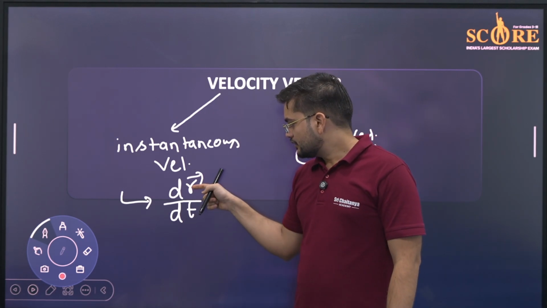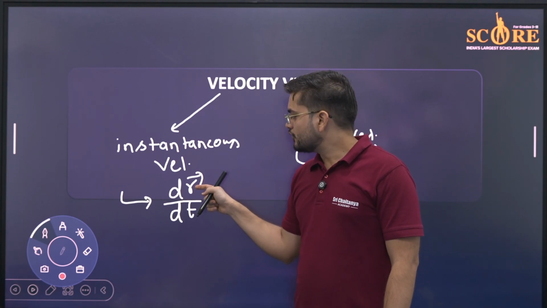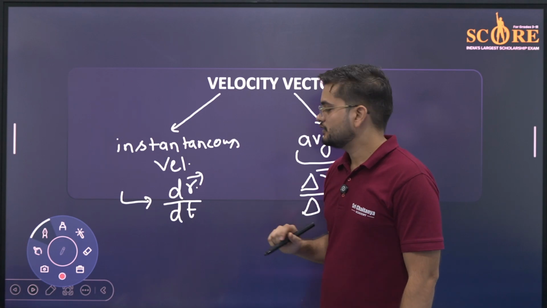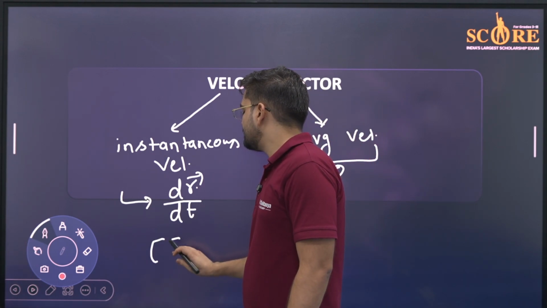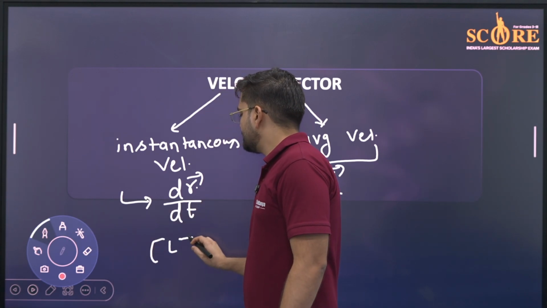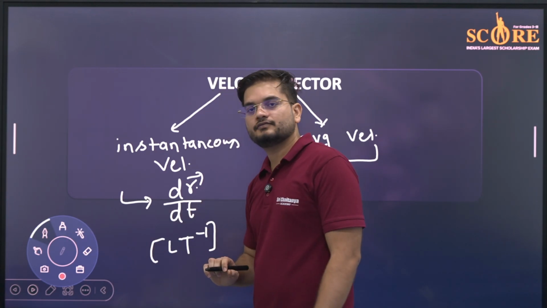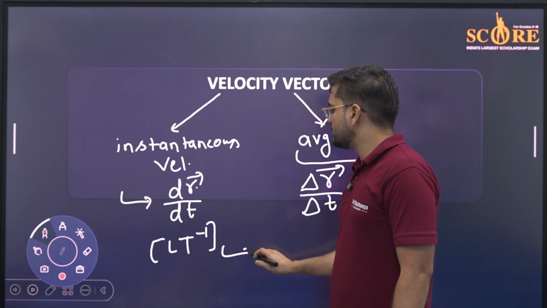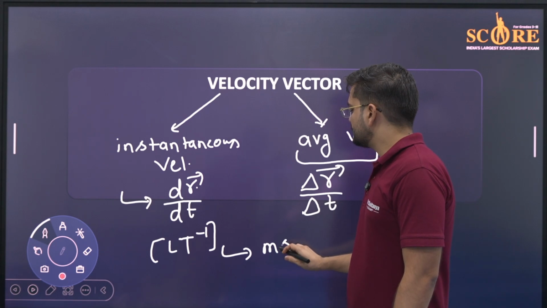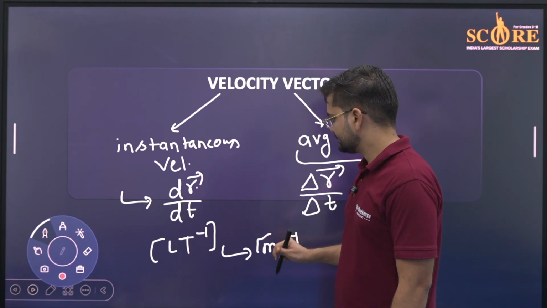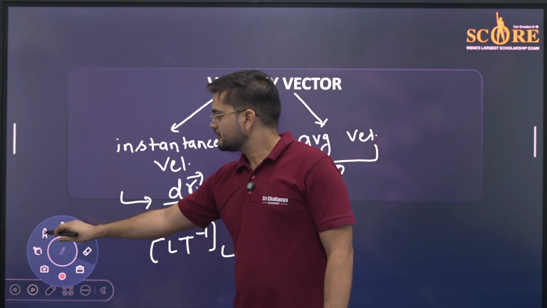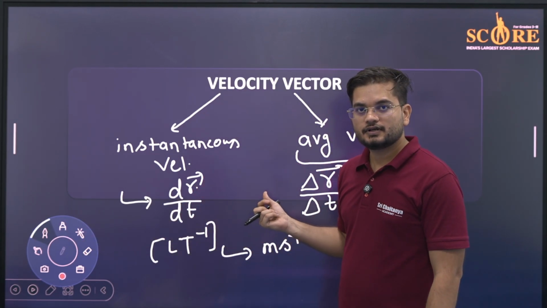For displacement we use L, and for time we use T. So the dimensional formula of velocity will be LT^-1, and the SI unit of velocity will be meter per second. Meter per second is the SI unit of velocity vector. Clear?